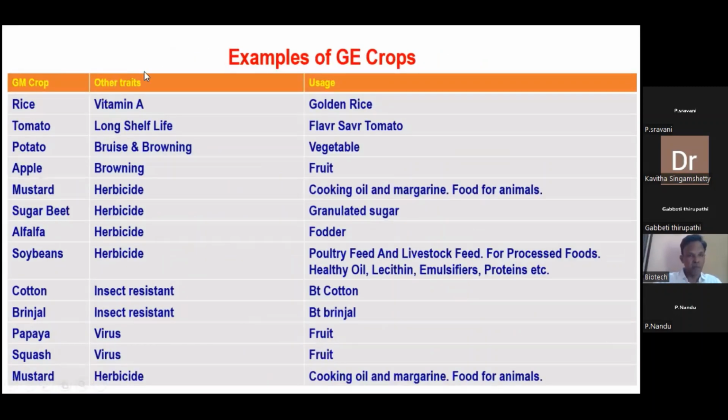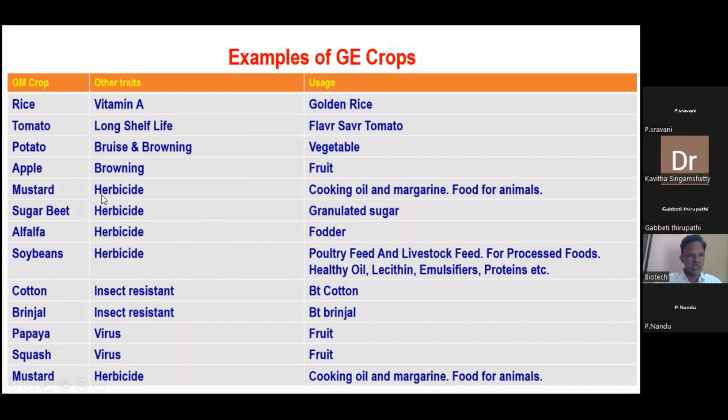These are the examples I can give you. For example, genetically modified crops: we have rice with vitamin A, call it golden rice. Then you have tomato with a long shelf life, call it Flavr Savr tomato. Then potato, which is bruising and browning resistant. This is a vegetable. Apple, browning free. Fruit.